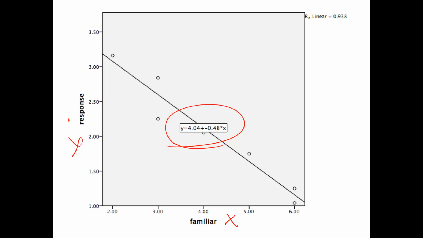It's 4.04 minus 0.48x. So for every 1 unit increase in familiarity, the response time is going down, which makes sense. More familiar words should be faster. And that's what we see in this picture, that as words get more familiar, response time goes down, which is a pretty common effect in psycholinguistics, where people recognize words that are more familiar faster.